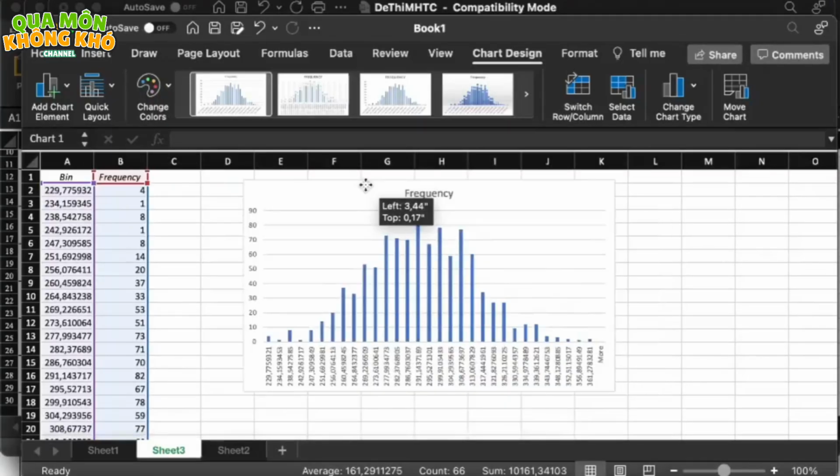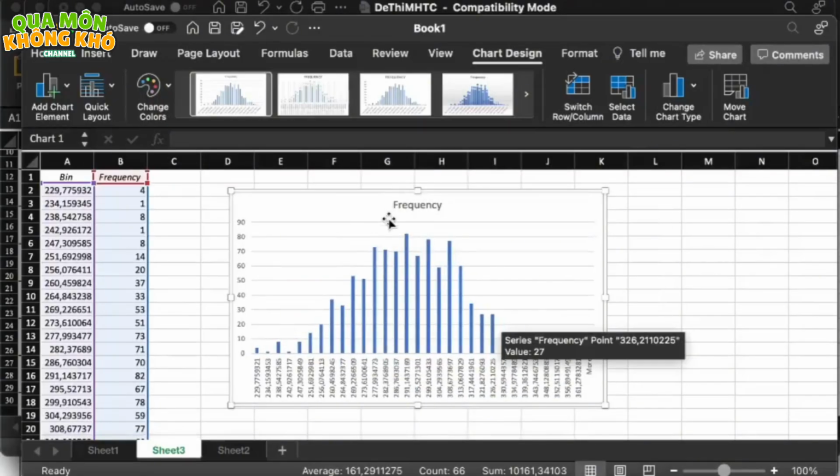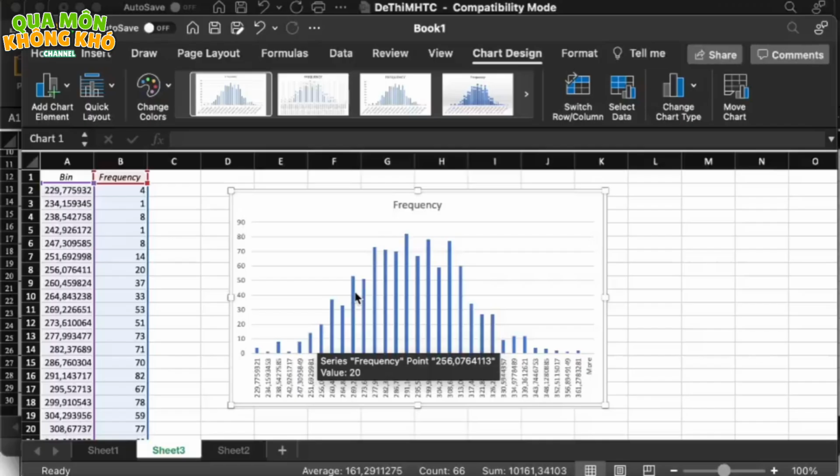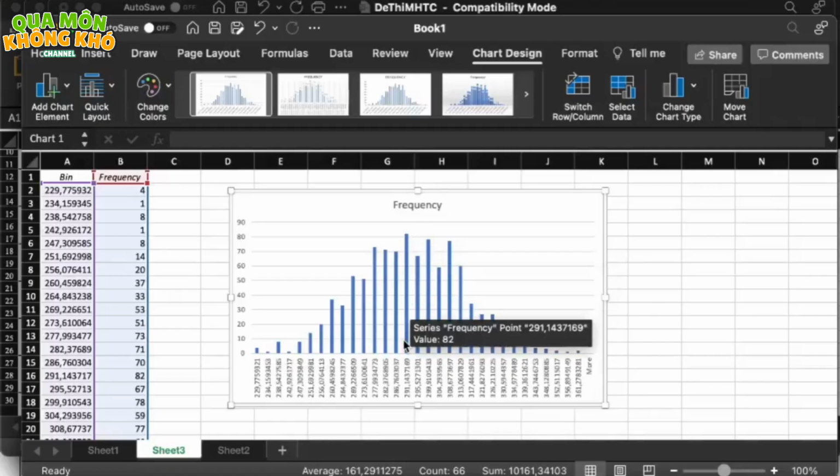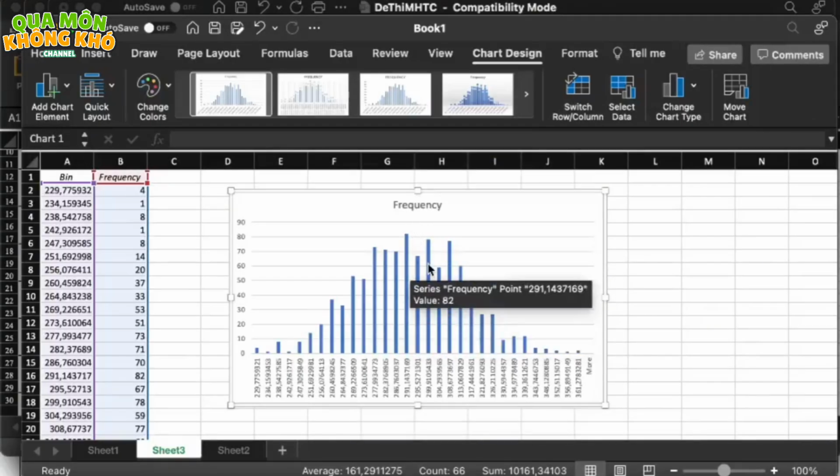So as you can see, the histogram is not as beautiful as the normal distribution. The normal distribution is symmetrical in the middle, like the bell shape, and it has the highest frequency in the middle.